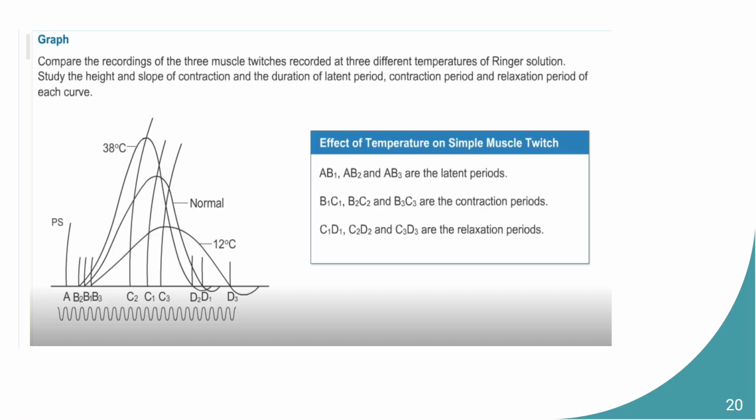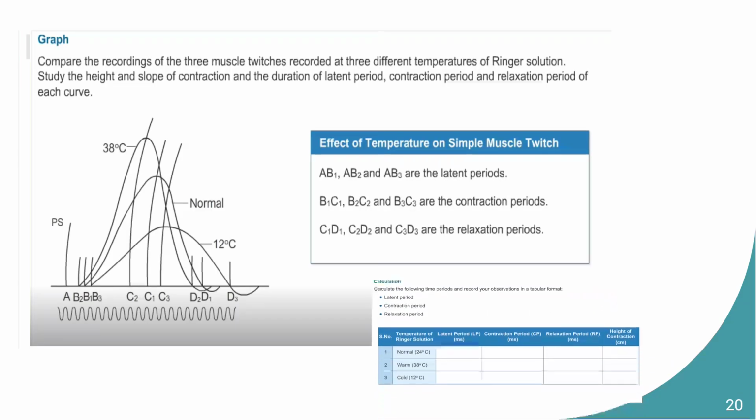As viscoelastic force is reduced, it will also increase the height or force of contraction. That is very obvious from this curve. At 38 degrees centigrade, you can see that the height of contraction is maximum, whereas when we have lowered the temperature, the reverse has happened. So this is in short the effect of temperature on the simple muscle twitch curve.